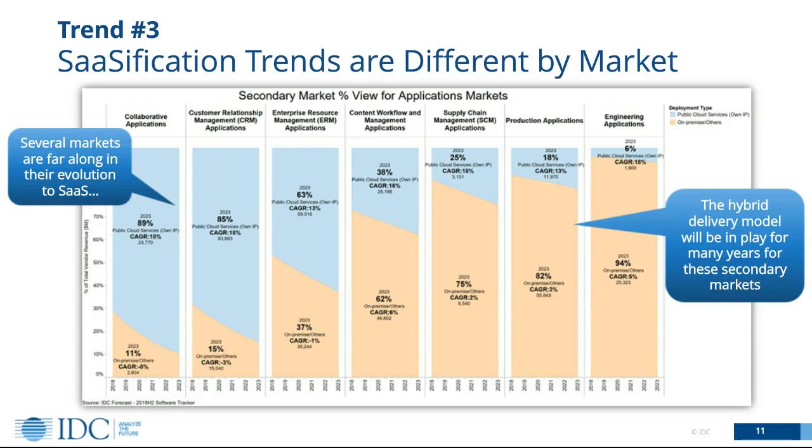They keep all that data private to preserve their IP. But now you've got applications coming out that rely on external cloud-based artificial intelligence that can up the game of some of these products and make them better and faster. So if you want those features, you typically have to be connected. But what this means is the hybrid delivery model will be in play for many years, especially for these markets on the right. So there's a long tail to this, so to speak.